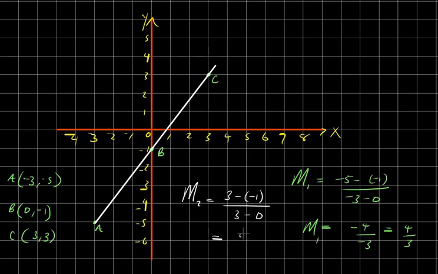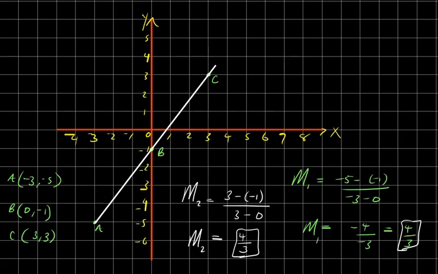So we are going to get 4/3. You can see here we end up having the same gradients. So you can clearly see that these points are lying on the same straight line.